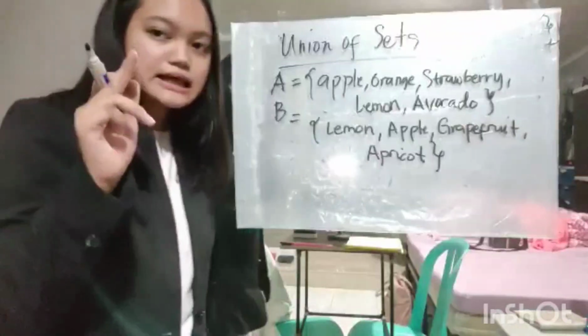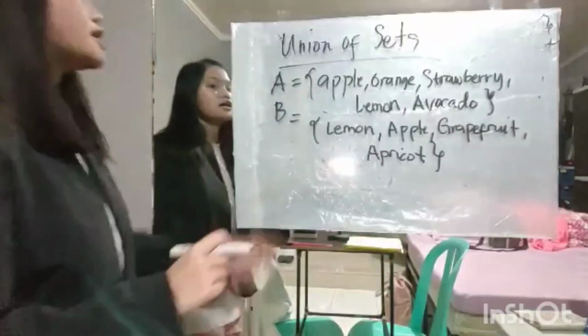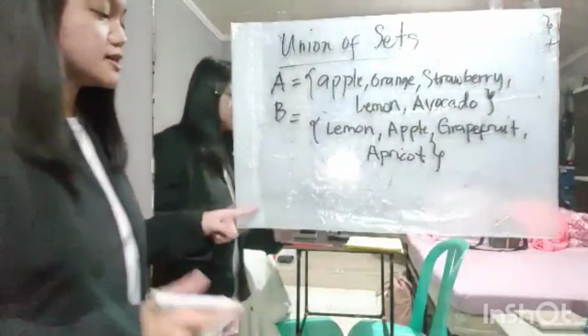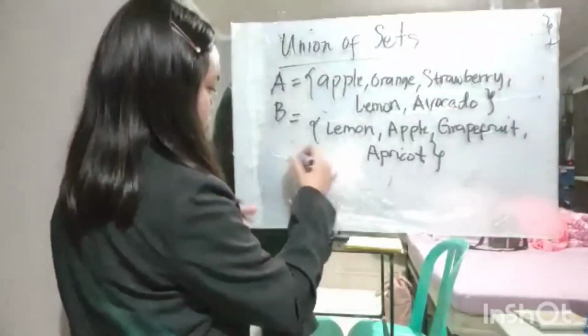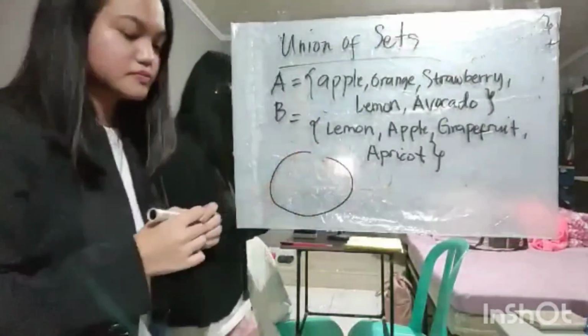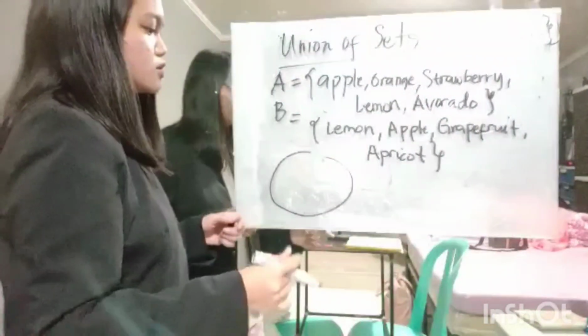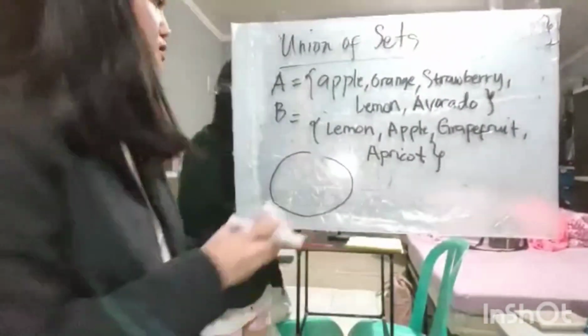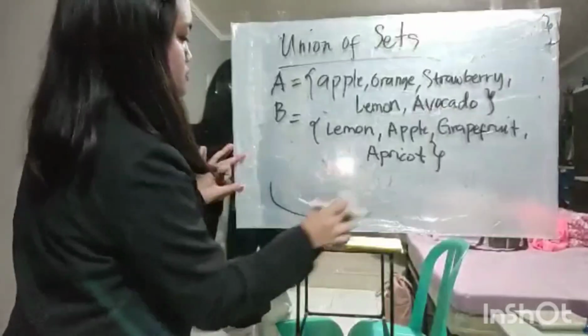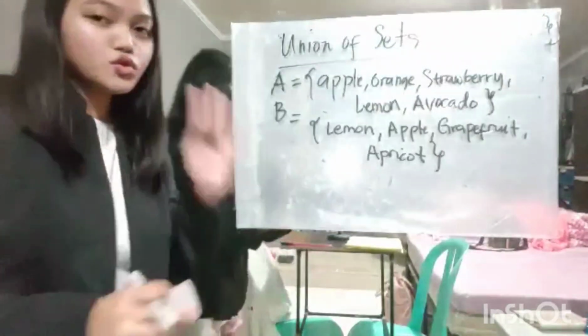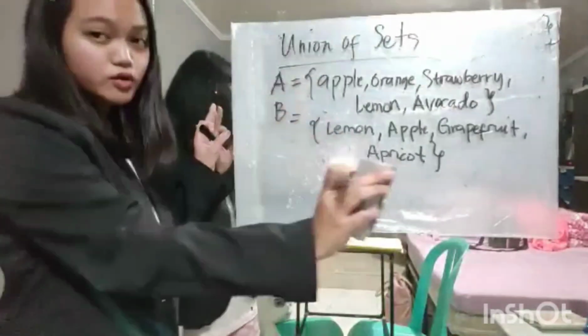So, set A and set B will look like this in a Venn diagram. Wait, no. It will look like this. So, I'm going to erase this one.